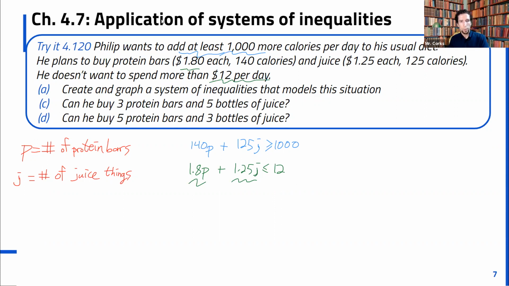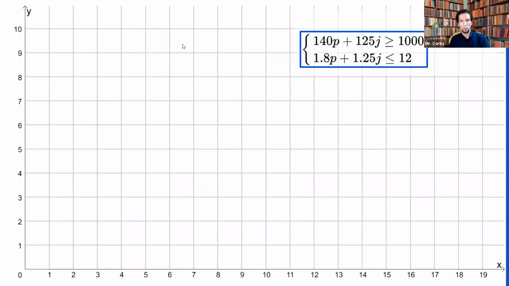All right, looks like we have two inequalities and we just want to turn them into a system and then graph them and show the area that represents the two together, the solution area. So let's do that. I have that written out here. Let's do our two intercepts method to be able to graph this.